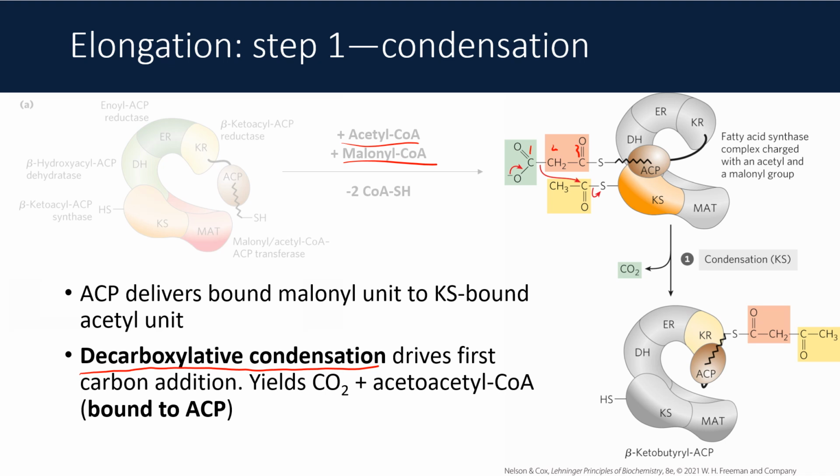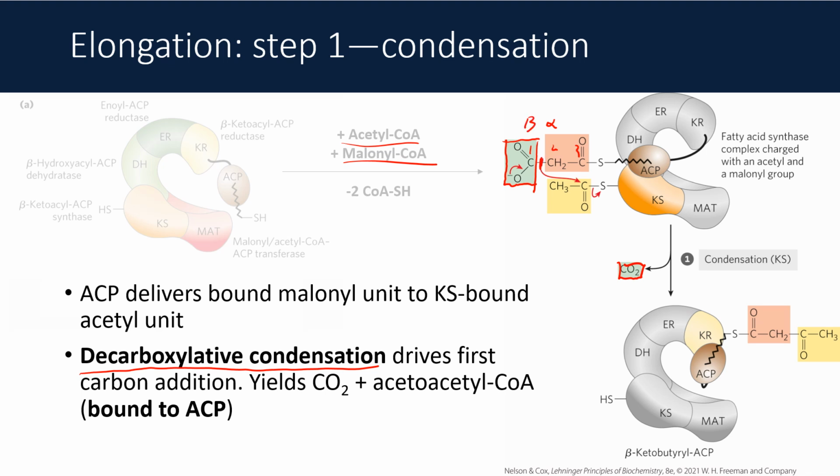This CO2 unit that ACC installed during activation is going to come off. It's going to leave as a carbon dioxide molecule through an electronic rearrangement. The electrons are going to flow this way, and it's going to prompt the cleavage of this C alpha, C beta bond.